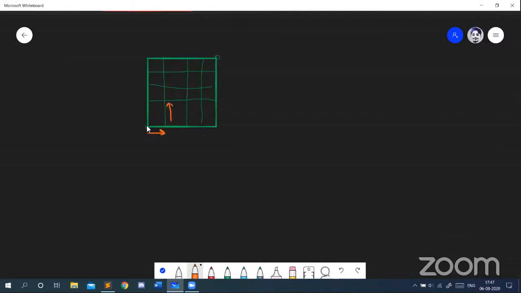You want to find how many such paths exist from here to here. So you can either move like this. This is a valid path, and this is a valid path, or this is a valid path, right?